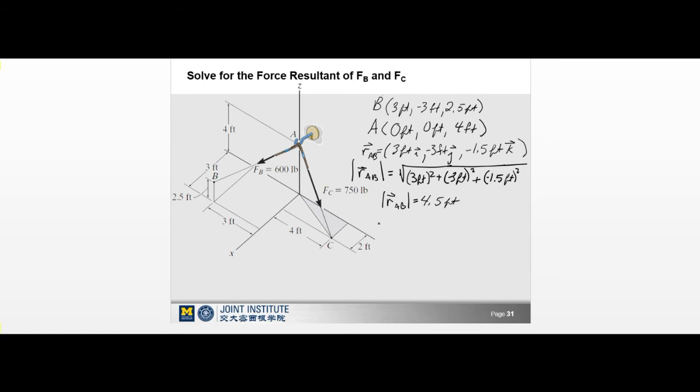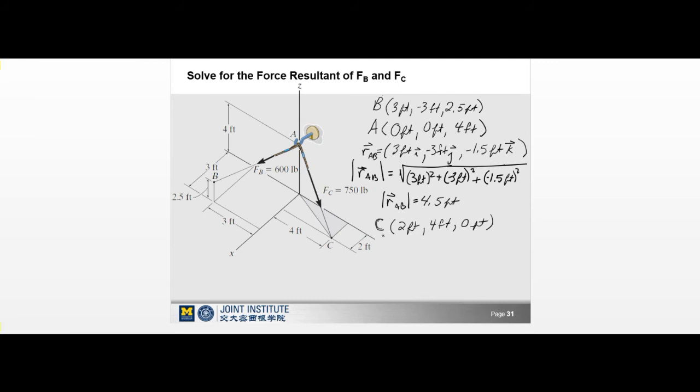So let's find the components of the vector FC. We can do that easily by first finding the components of C. That would be for the x direction 2 feet, and then for the y direction 4 feet, and then for the z direction 0 feet. Now again, for the components of A, we have that up here.